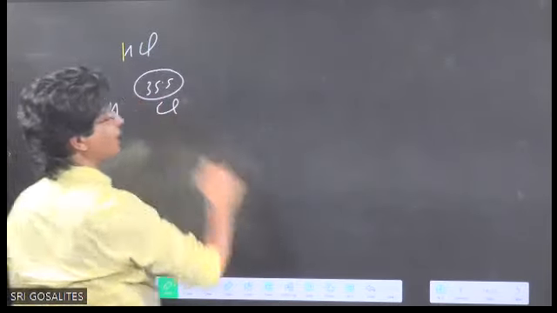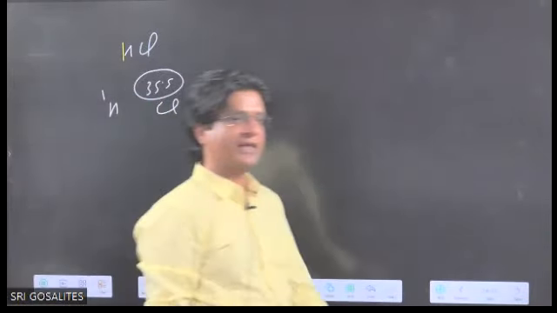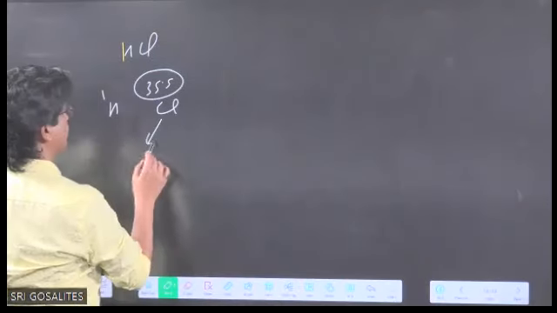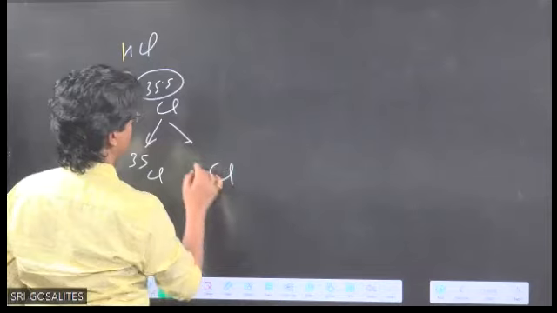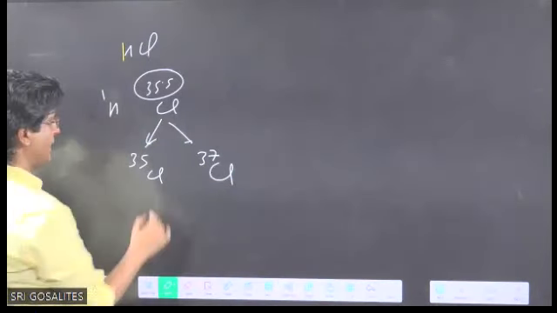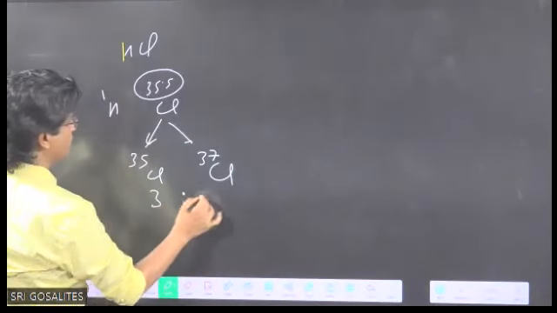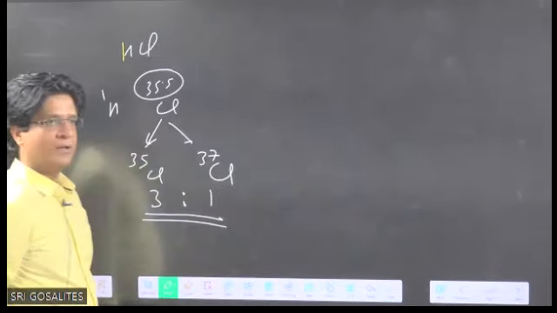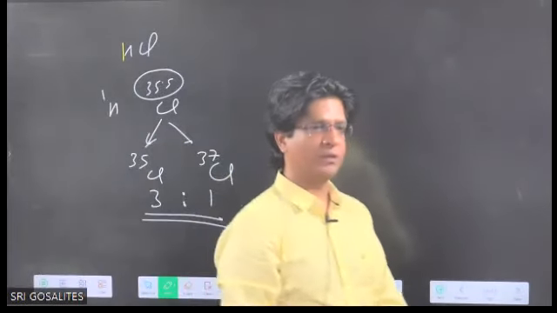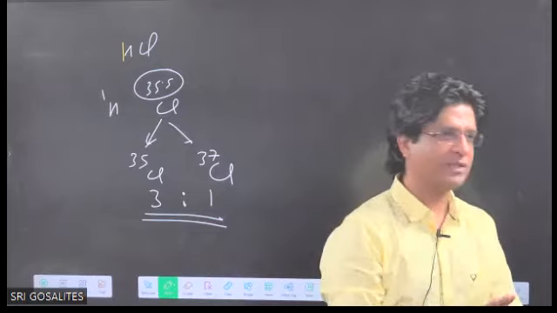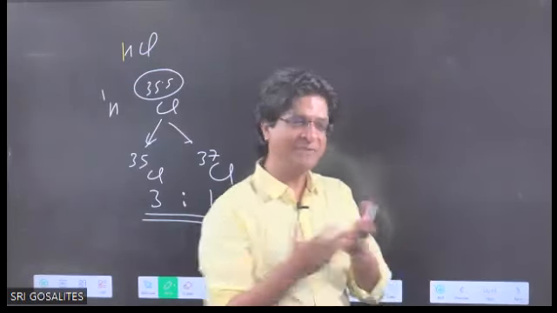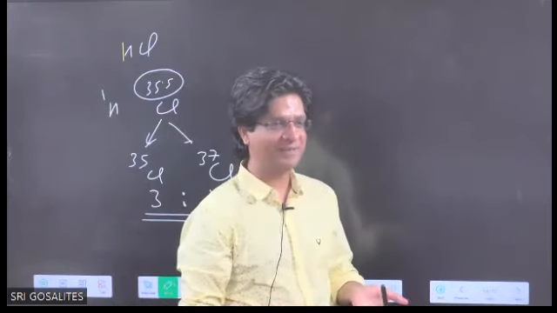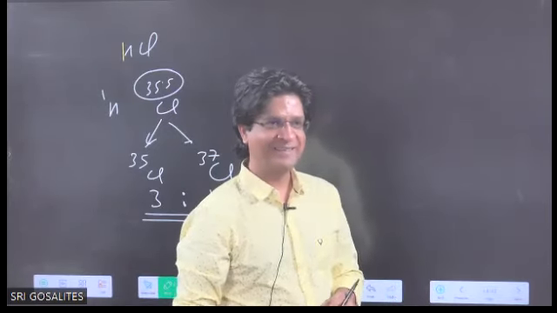It is its average atomic weight, because Cl contains two isotopes, isotope number 35 and isotope number 37. Yes or no? And they exist in the ratio of 3:1. I'll teach you there, beta. Have patience. Don't think that you know everything. I have been teaching students for the past 20 years. I mean, come on.